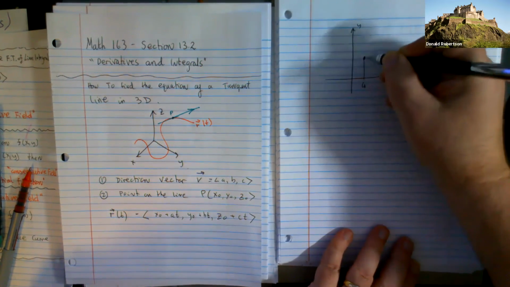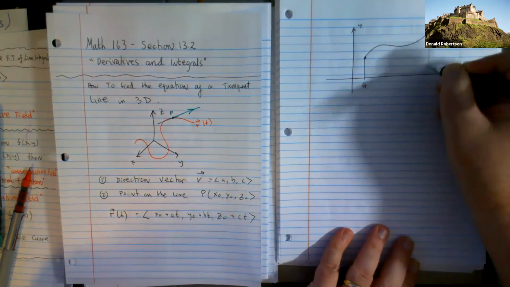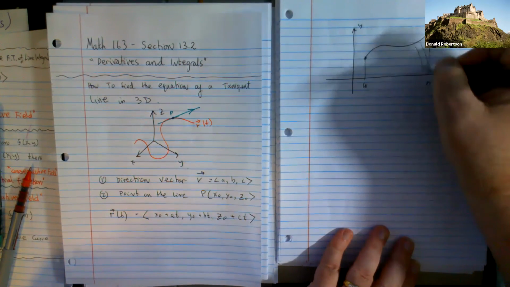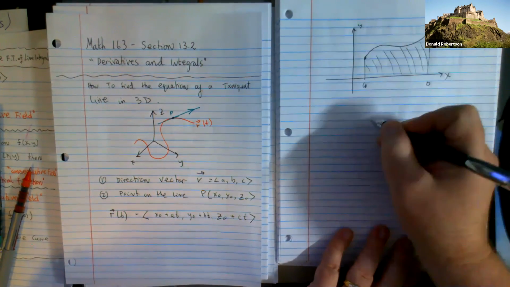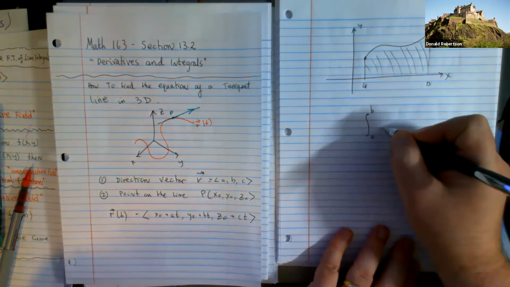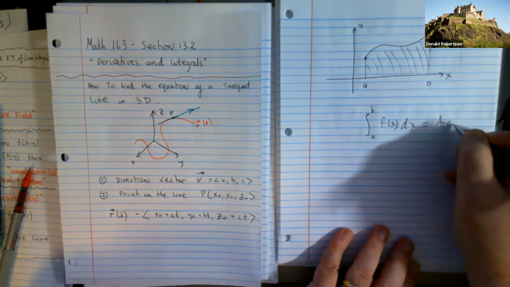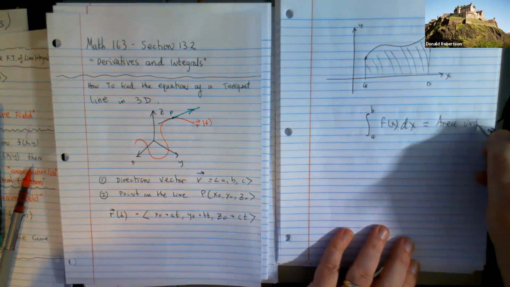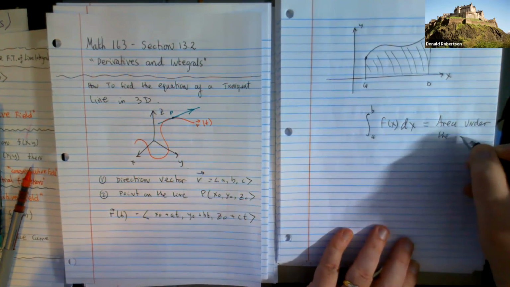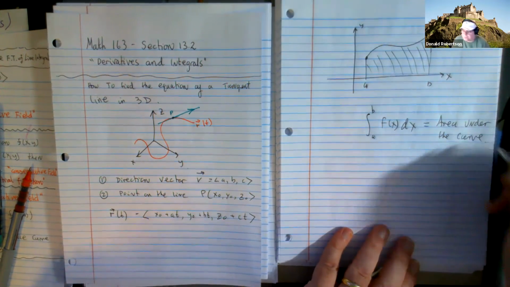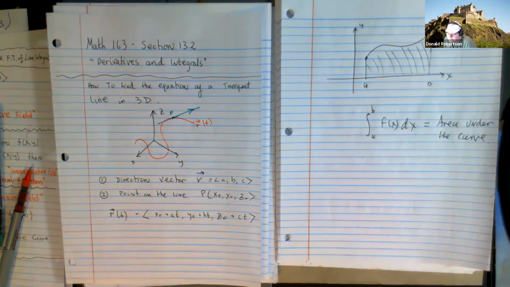If that's A and this is B, isn't the integral from A to B of some function dx the area under the curve? Isn't that the definition of what you're finding when you find the integral from A to B? It's the net area under the curve.